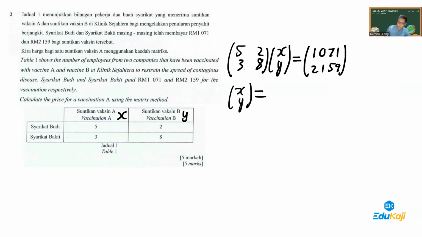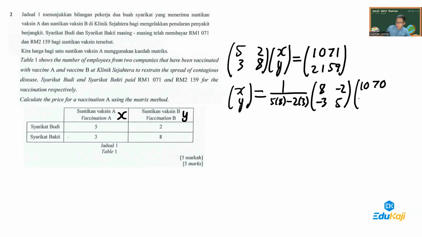Multiply on the left, and this one is cancelled off. On the right side, you must put it in front as well. So 1 over AD, 5 times 8, minus BC, 2 times 3. Switch A and D, negative B and C. The formula is given for the inverse matrix, so you can refer to the formula.